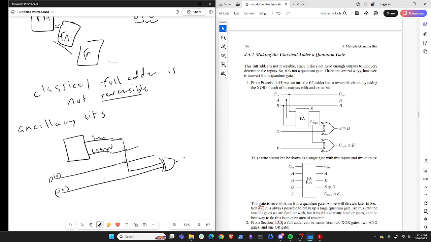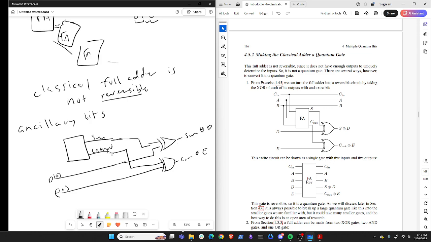The sum and D come together into an XOR.